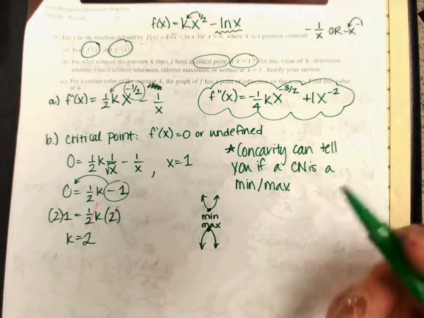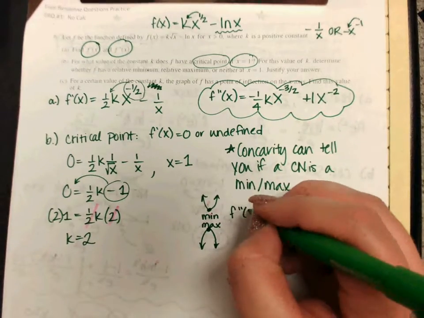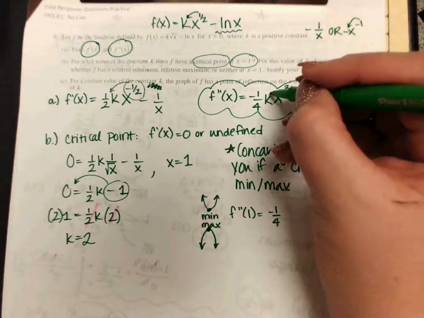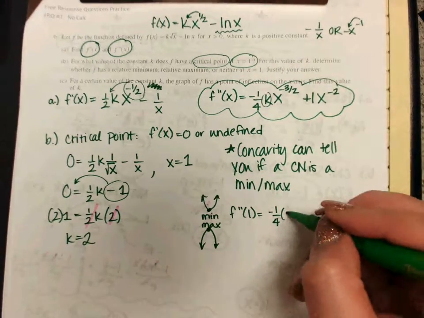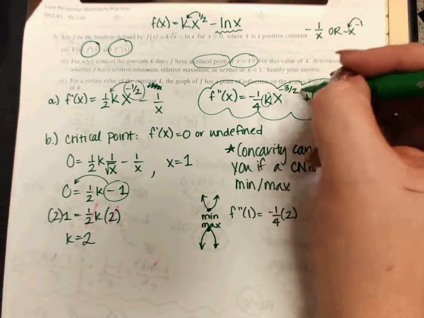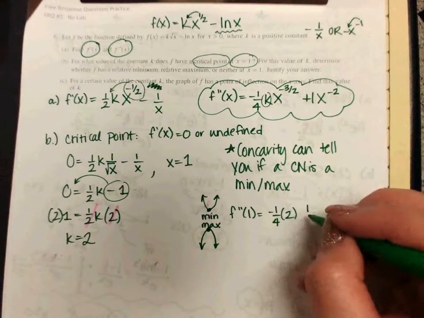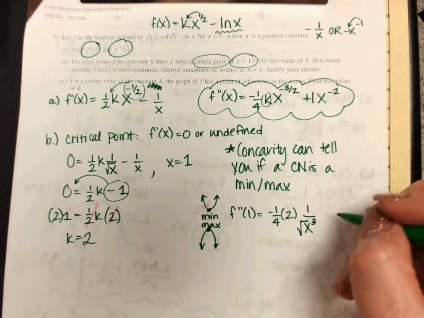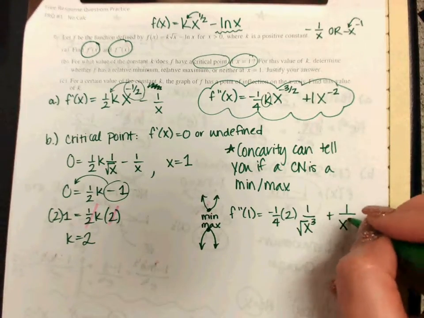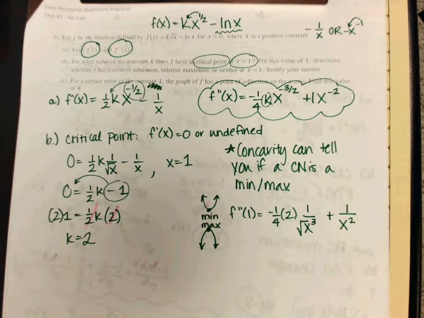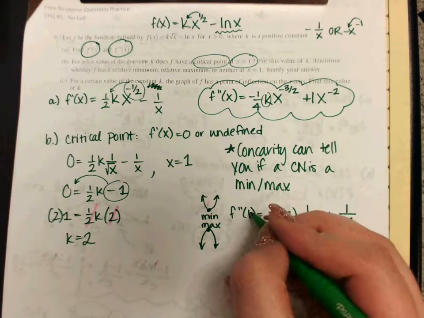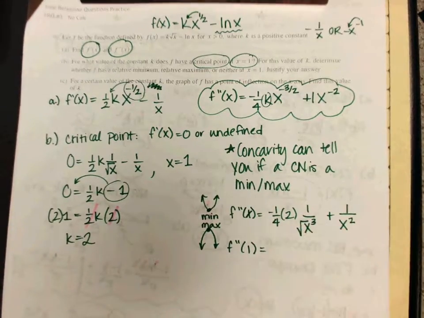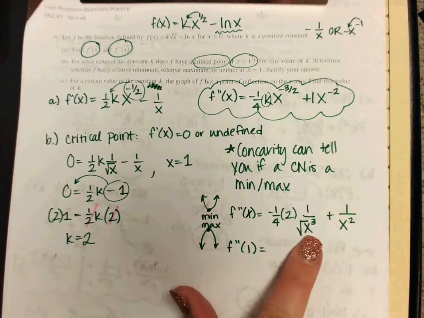Okay, f double prime of 1 is going to be negative a fourth. Then when I get to k, I already know that k is a 2 now. Then my x to the 3 halves is going to be 1 over x to the 3 and square rooted, plus 1 over x to the 2. And then actually, since I forgot to plug in my 1, I'm going to switch this back to an x for now, and then I'm going to plug in a 1 right below it. Because remember, we don't want to put a 1 here if we still have x's here.